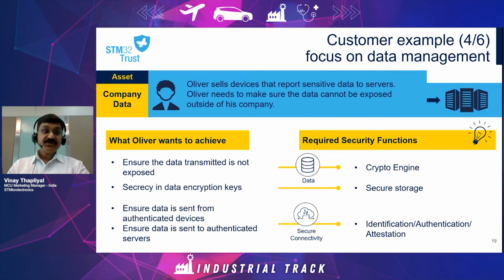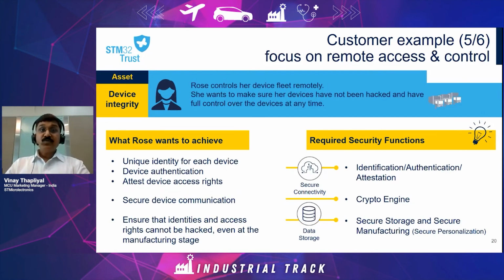He has to ensure the data transmitted is not exposed, secrecy in data encryption keys, ensure data is sent from authenticated devices, and ensure data is sent to authenticated servers. And the required security functions can be from data, crypto engine, secure storage, and from the connectivity side to ensure identification, authentication, and proper attestation.